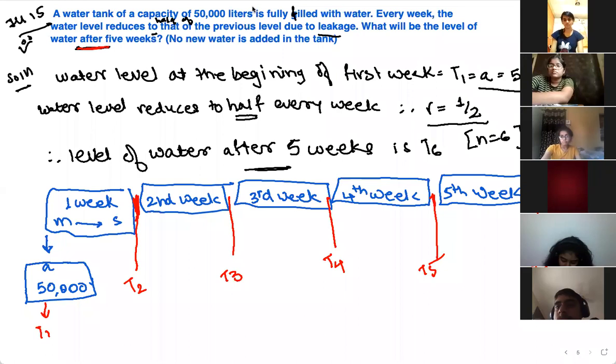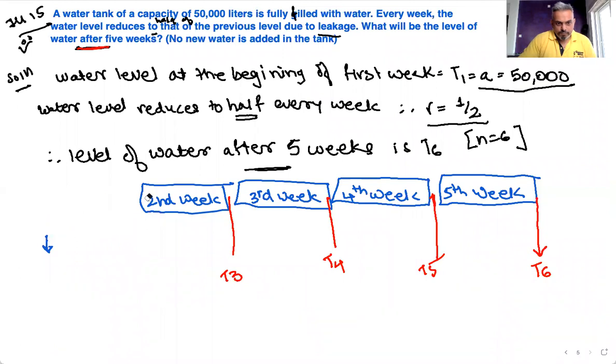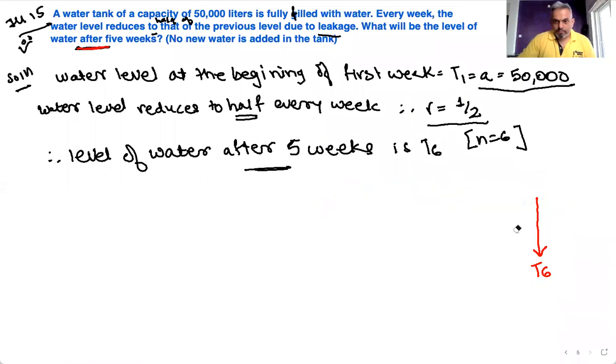Okay, chalo. Now, let's find out T6. I'll erase this now. Now T6, so Tn is equal to A into R raised to n minus 1.